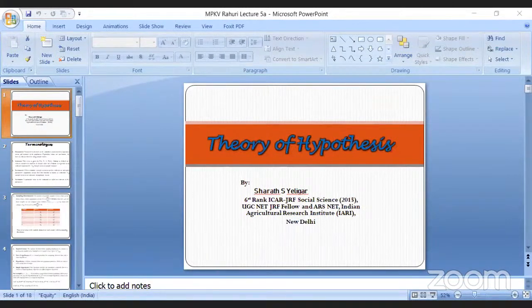Hello, sir. Can you please start the PPT, sir? Is the PPT not visible? Sir, it's visible, but only on the first slide. Yes, on the first slide only I'm explaining. Can you see the words prediction and forecasting? No, sir, it only shows theory of hypothesis by Sharath. Okay, fine, I understood. Thank you.